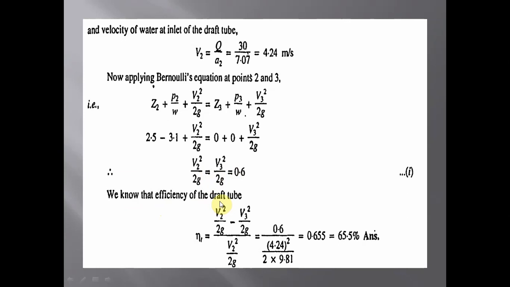We also know that the efficiency of the draft tube is η = (V2²/2g − V3²/2g) / (V2²/2g), that is 0.6 divided by 4.24² / (2 × 9.81), and that is 0.655.